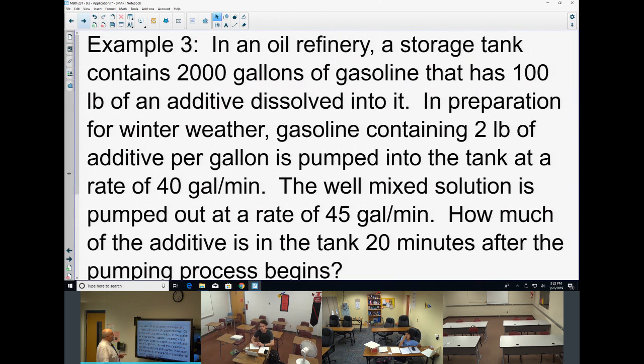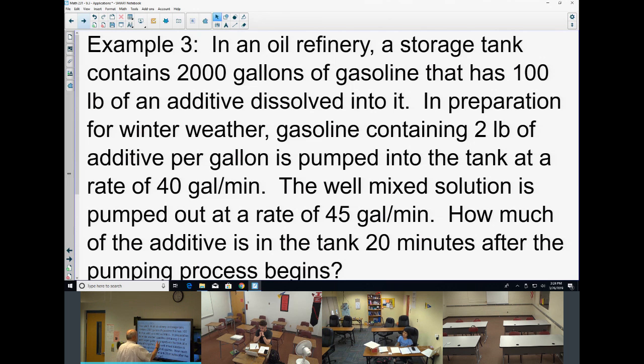So it says in an oil refinery, a storage tank contains 2,000 gallons of gasoline that has 100 pounds of an additive dissolved into it. You might not know this, but gasoline goes bad when you store it. So there are different additives that you can add to gas to make it not lose its potency.